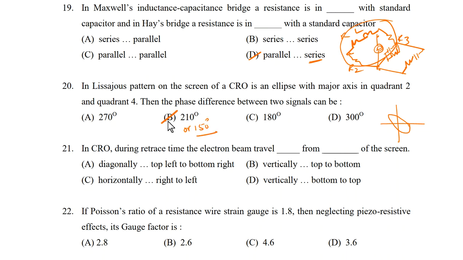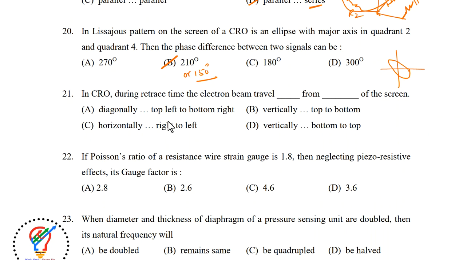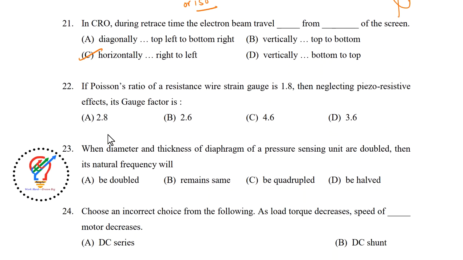So the answer will be B here. In a CRO, during the retrace time, the electron beam travels dash from of the screen. It is horizontally from right to left. Answer is C.